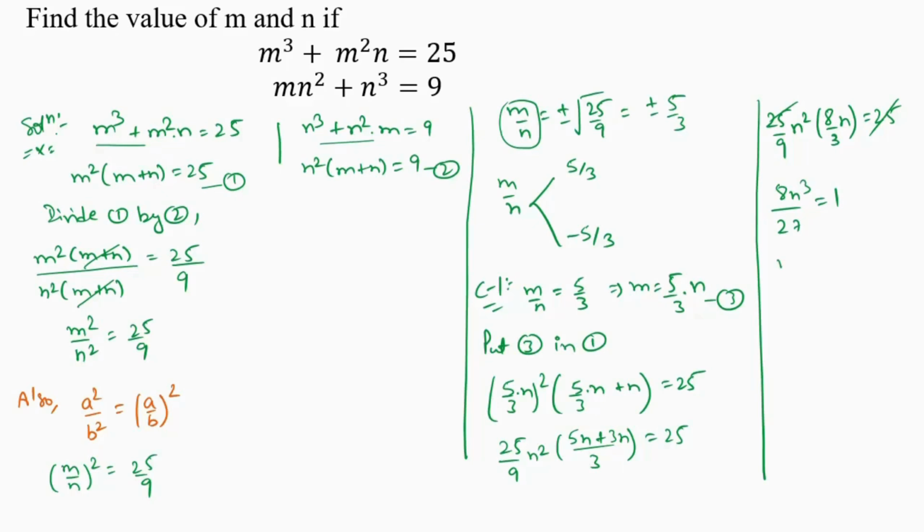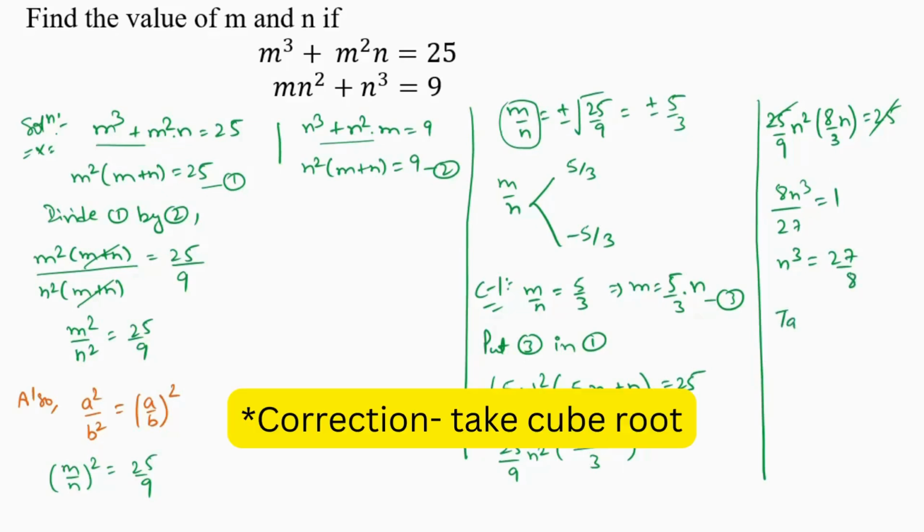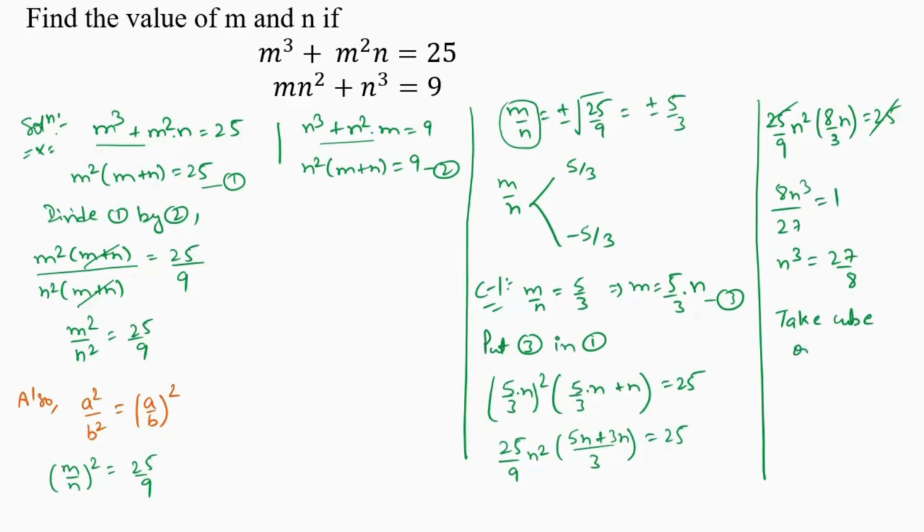By cross multiplication we get n cube equals 27 by 8. Taking cube root on both sides we get n equals 3 by 2.